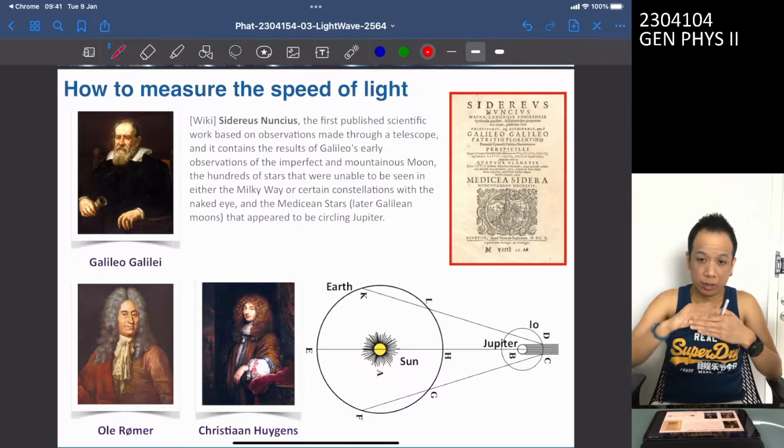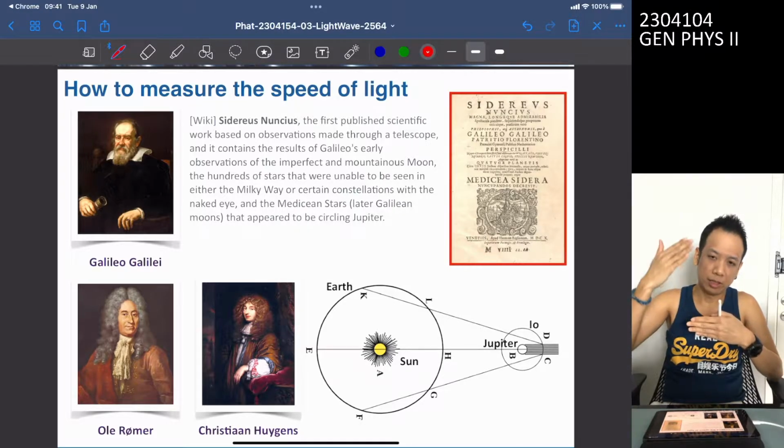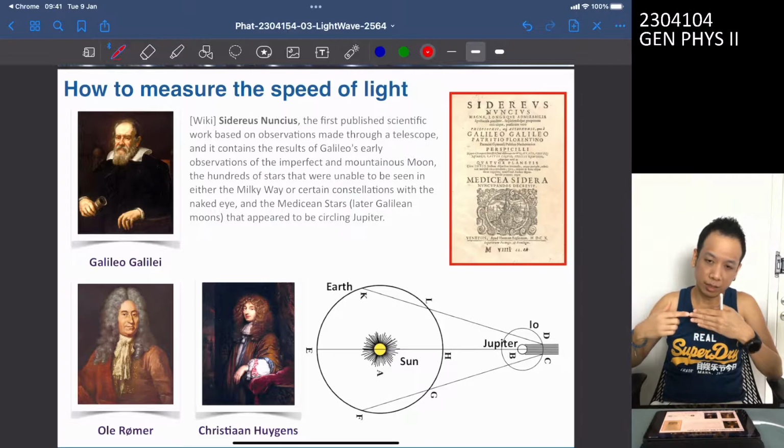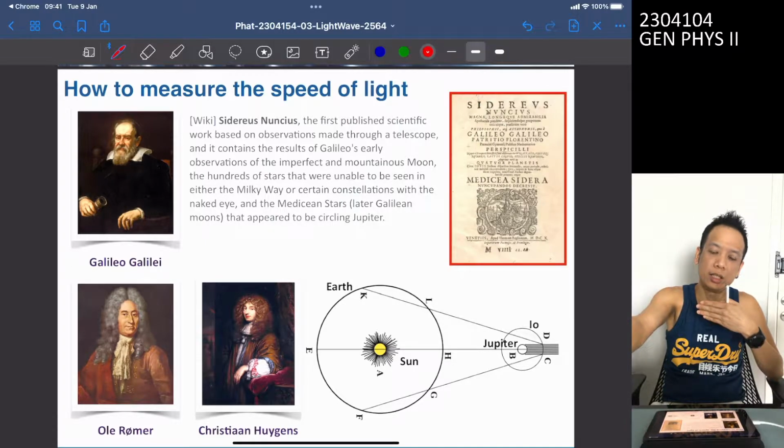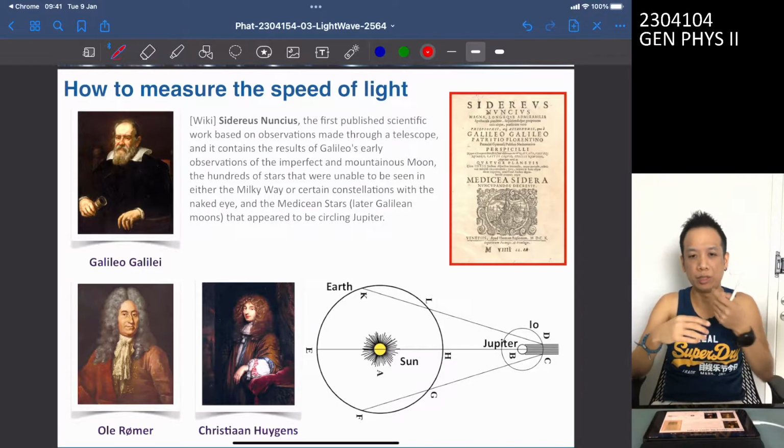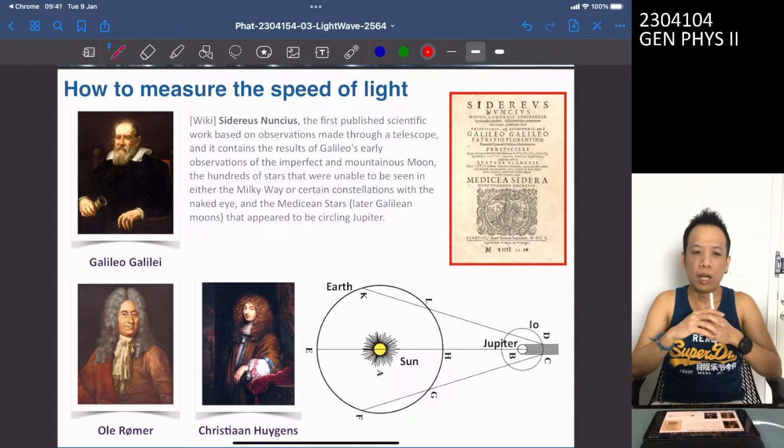He opened the shutter, and the light went to his colleague. When his colleague saw the light, he opened the shutter on his side, and then Galileo would see the light from the other side, and he used his pulse to try to measure the time.